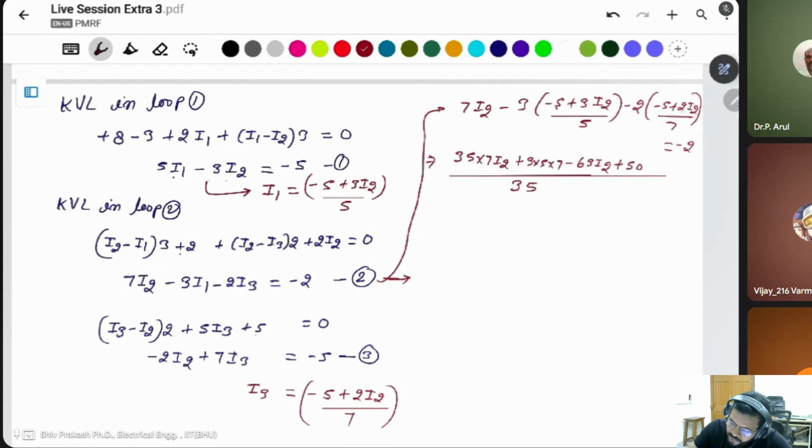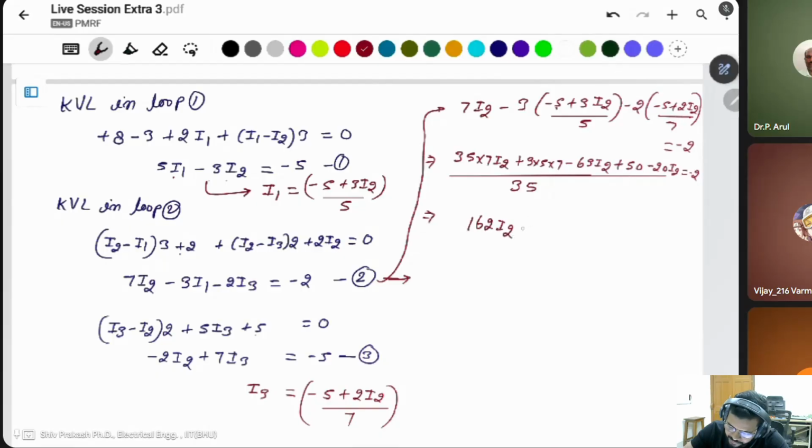This is minus 2, 4 into 5 is minus 20I2 is equal to minus 2. This will be 35 into 7I2 minus 63I2 minus 20I2. 35 into 7 minus 63 and minus 20, this will be 162I2.